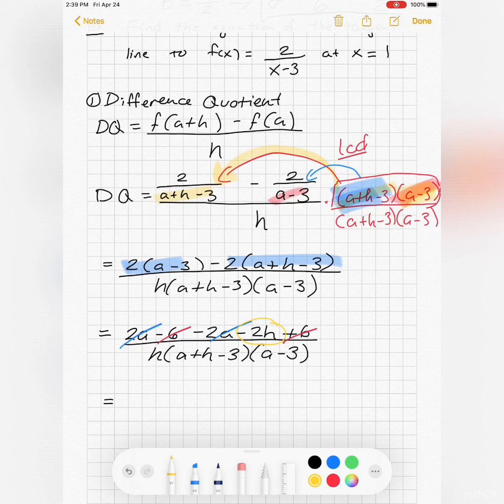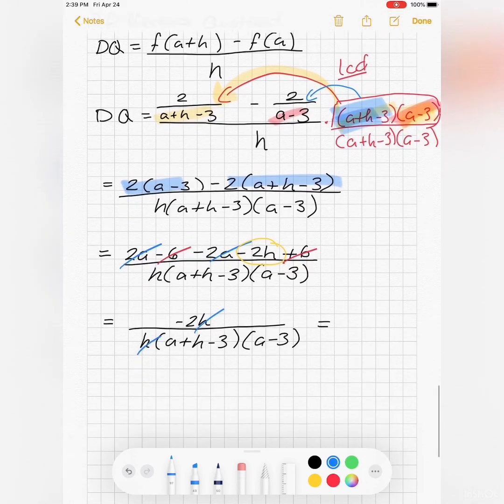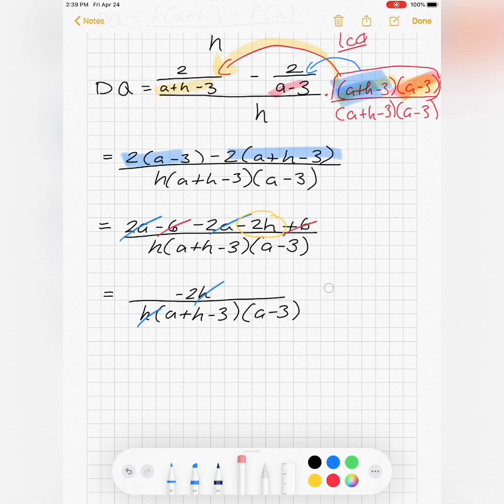So I'm just left with the negative 2h in the numerator. The h's cancel. So I have negative 2 over a plus h minus 3 times a minus 3. And there's my difference quotient.